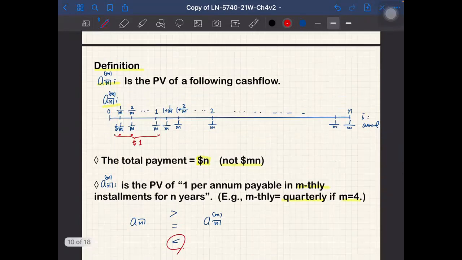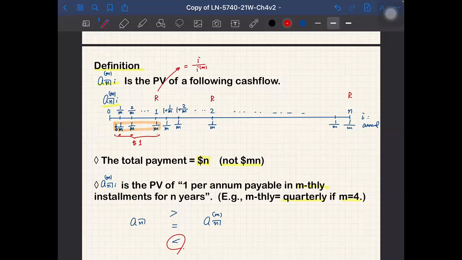Going back to this, we equate these m payments as R. So now we have just n payments of R, and R is equal to i over i superscript m.